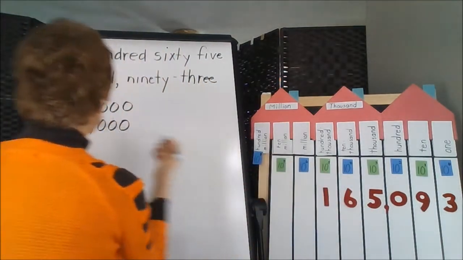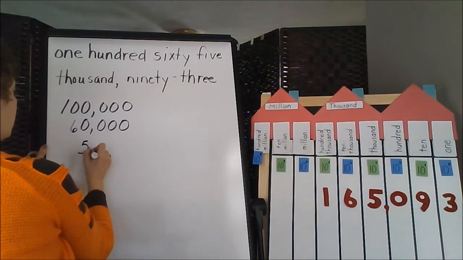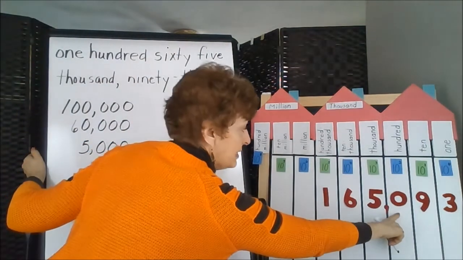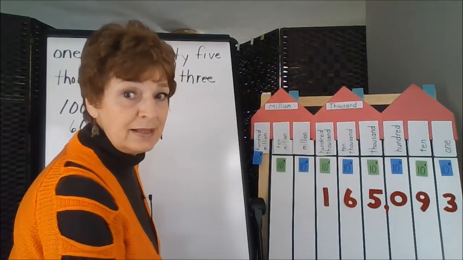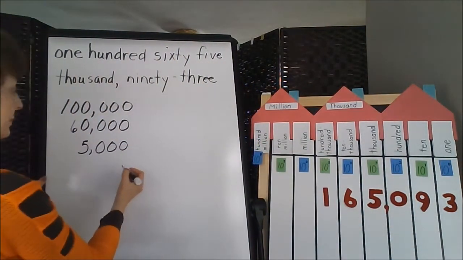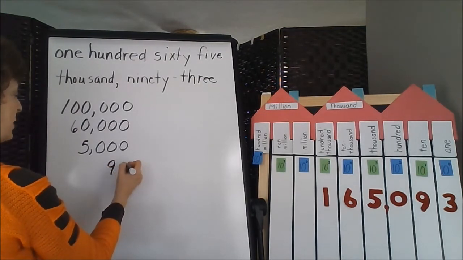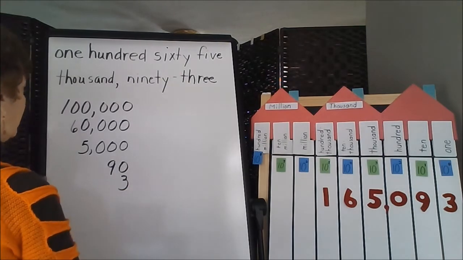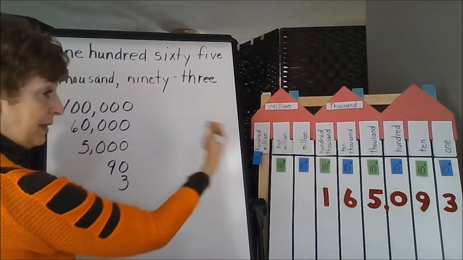The 5 is in the thousands place. There is nothing in the hundreds place, so we can skip that. The 9 is in the tens place, which makes it 90, and the 3. That would be an expanding of the numbers.